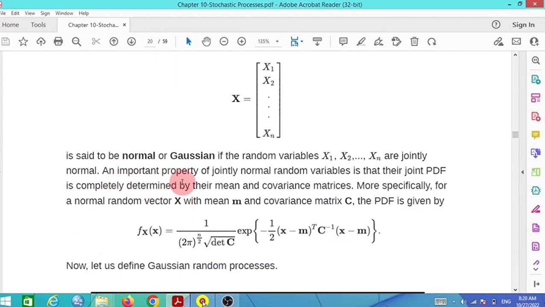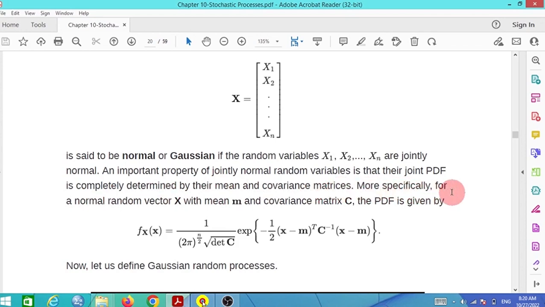An important property of jointly normal random variables is that their joint PDF is completely determined by their mean and covariance matrix.